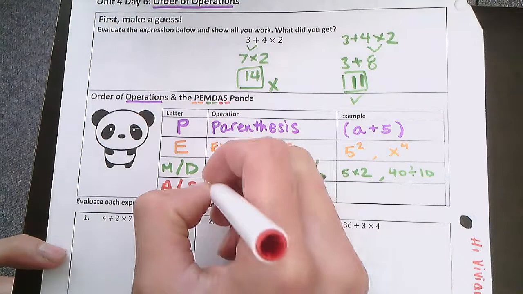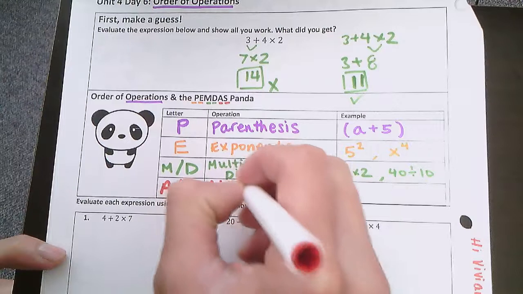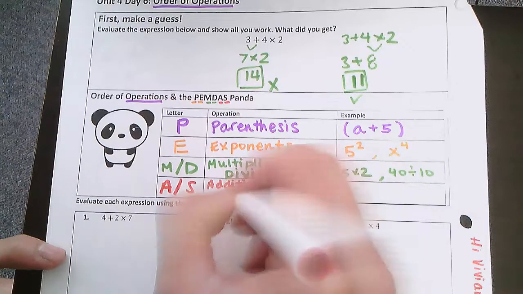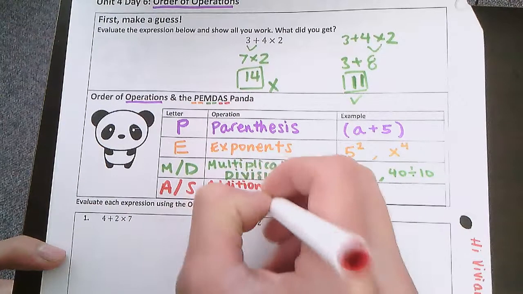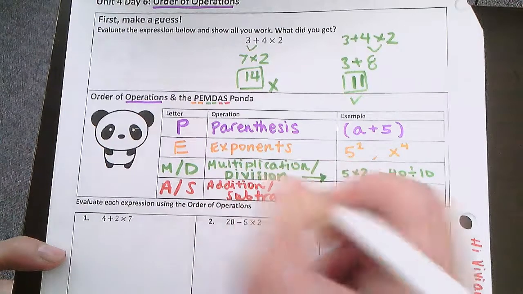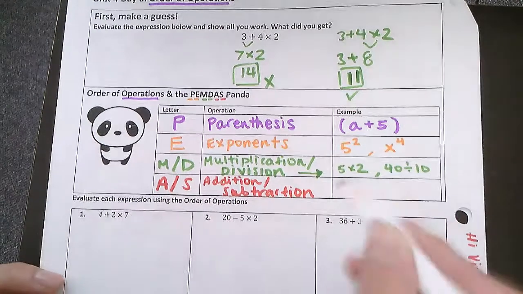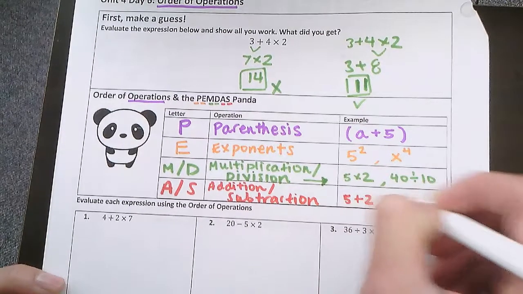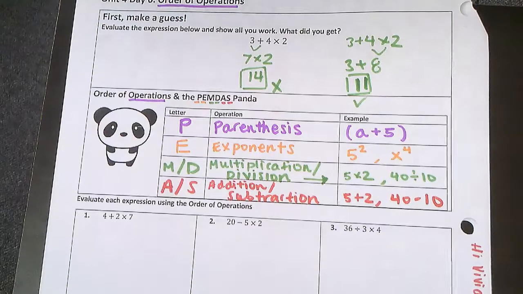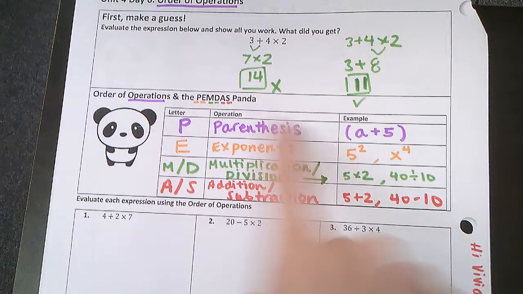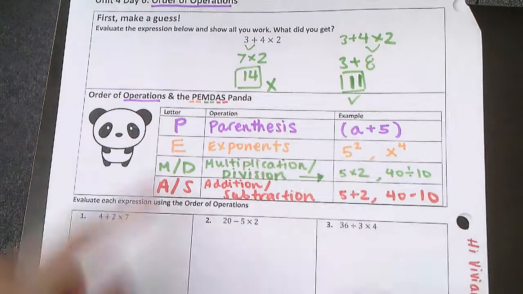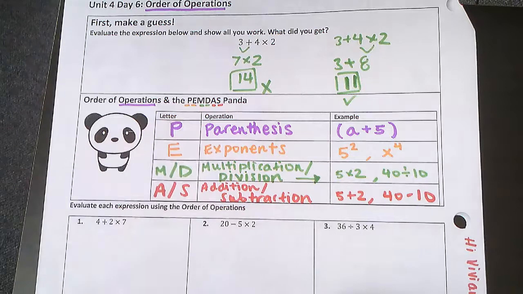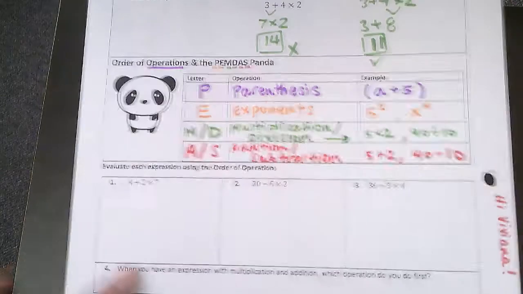A stands for addition, and the S stands for subtraction. Examples of addition and subtraction are 5 plus 2, or 40 minus 10. So whenever you're solving a problem with multiple operations, follow this order, PEMDAS. Let's put that into action.